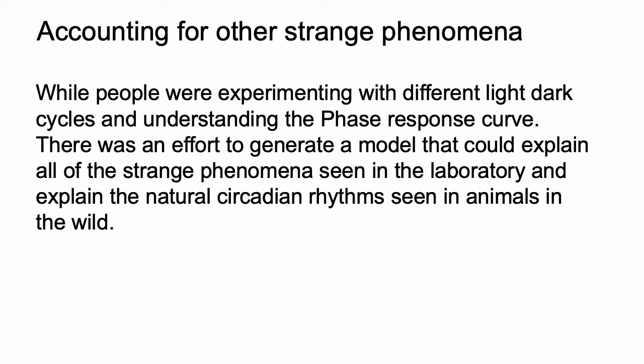Things like really long or really short cycles, trying to entrain animals to 27 hours or 22 hours, or what they call skeleton photoperiods, where they get just a little burst of light twice a day that represent the beginning and the end of the light period. We see some odd things just from people trying to understand the circadian rhythm and its different features.